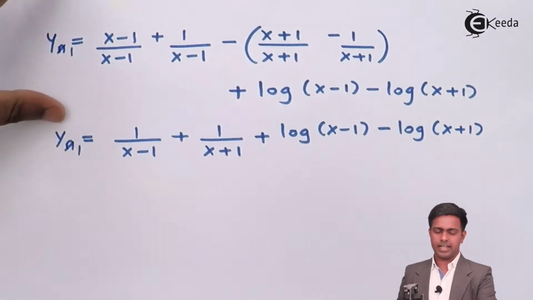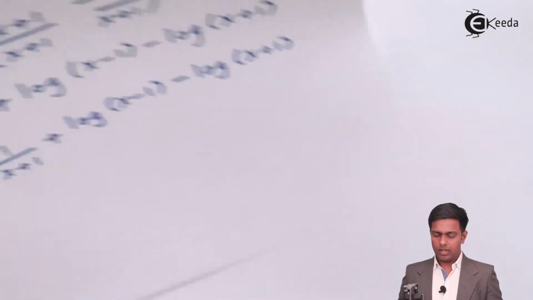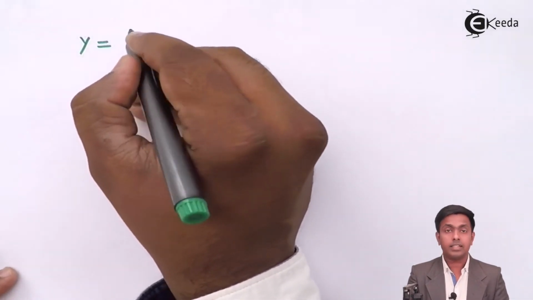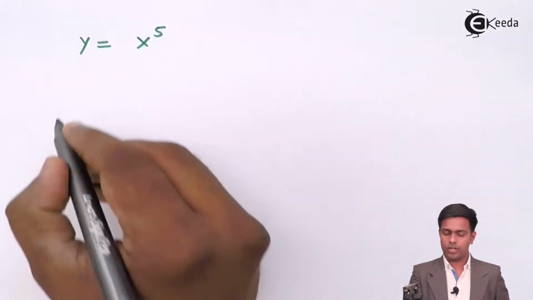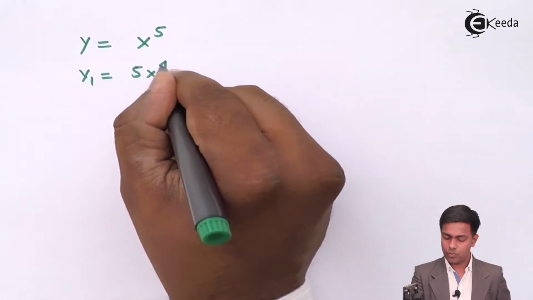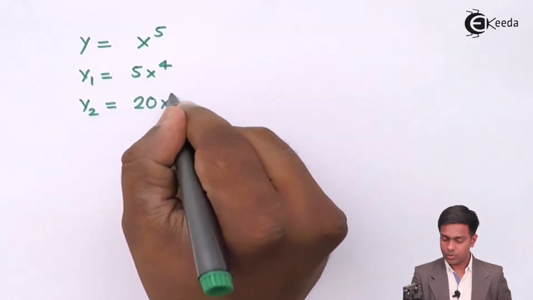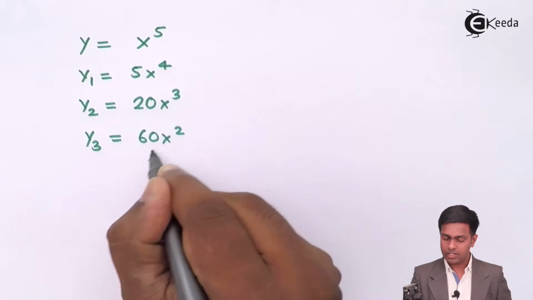Let's take an example. I have a function y which is, let's say, x to the power 5. If I ask you the value of y1, you will say 5x raised to 4. y2 is 20x cube, y3 is 60x square, and so on.